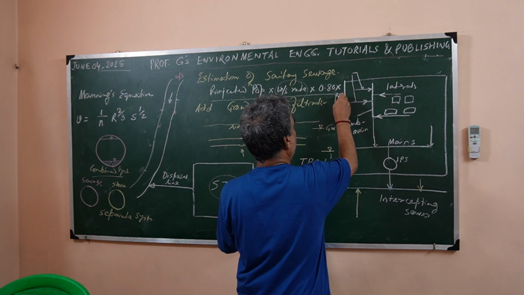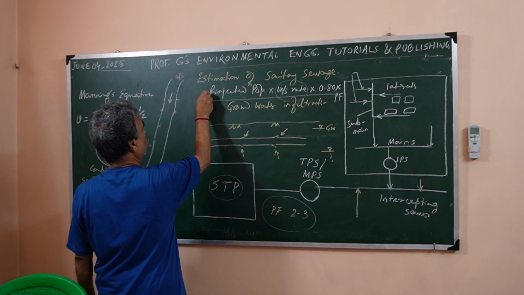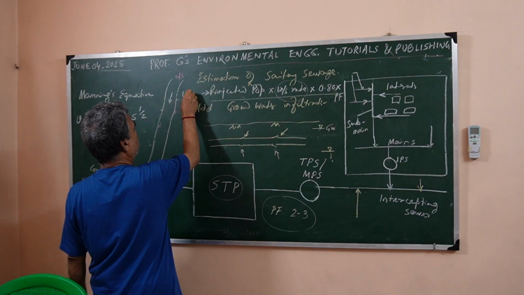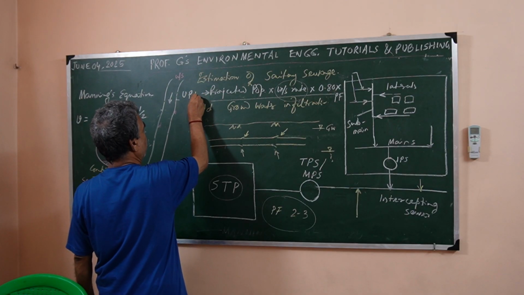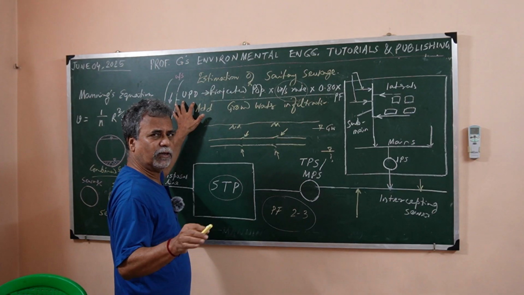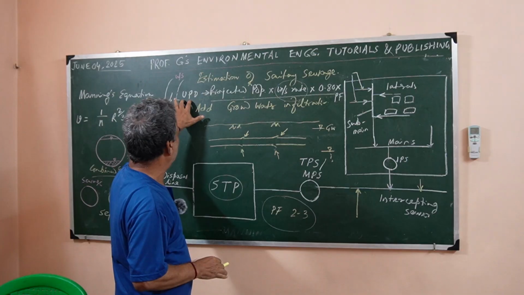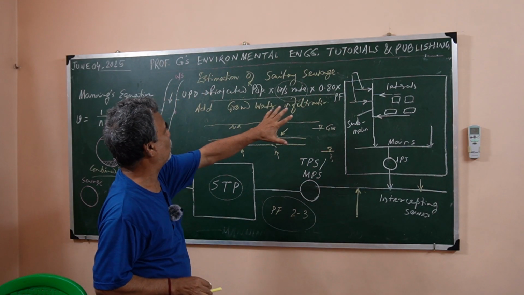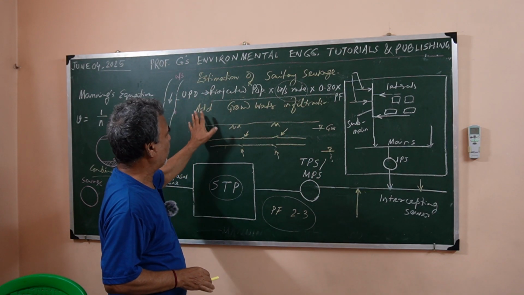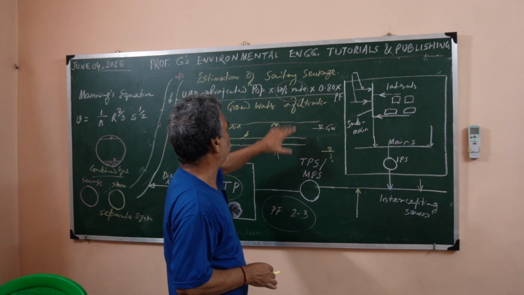That will be the ultimate peak discharge, say. There is no such abbreviation I am giving here, so that you can understand it as the ultimate peak discharge. That is calculated based on that. To that you have to add, in the worst condition, the groundwater infiltration.